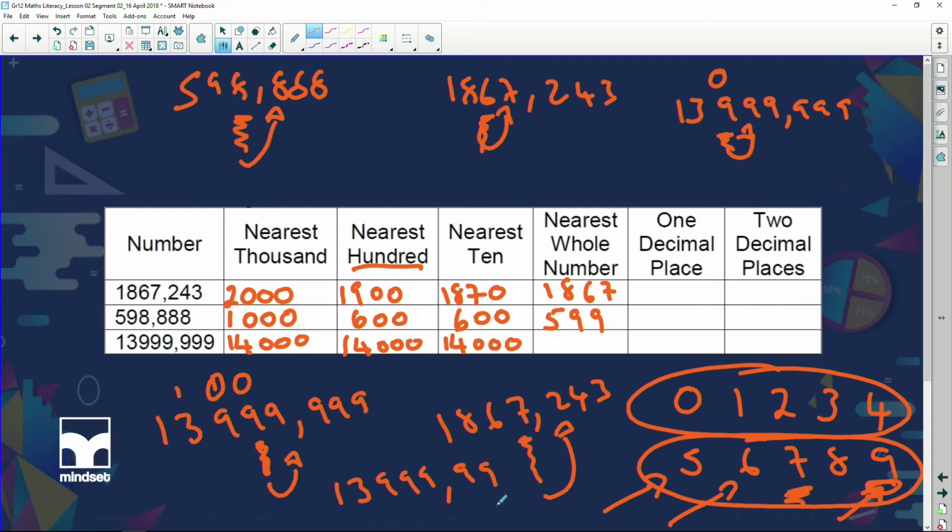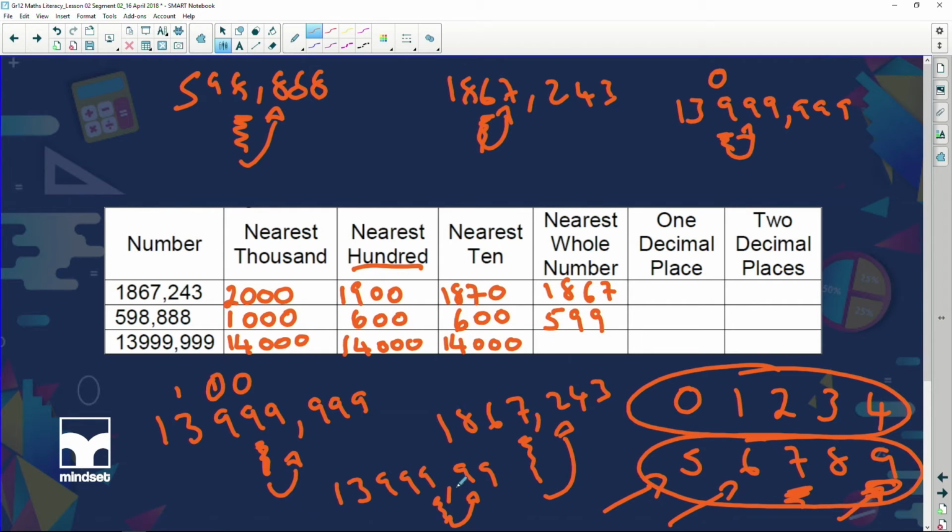Then we've got this horrible number, 13,999,999. Here's my one place. This 9 is affected by this number. That number's a 9. It's a big number. It says, oi, I'm so big, you have got to change.